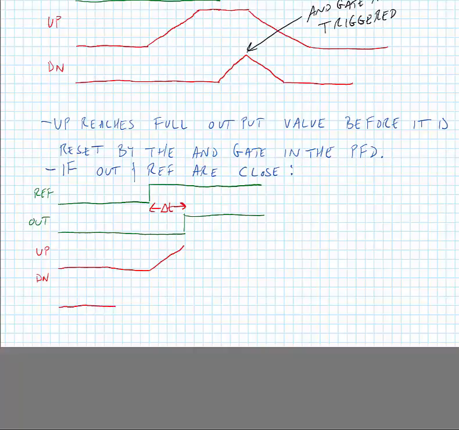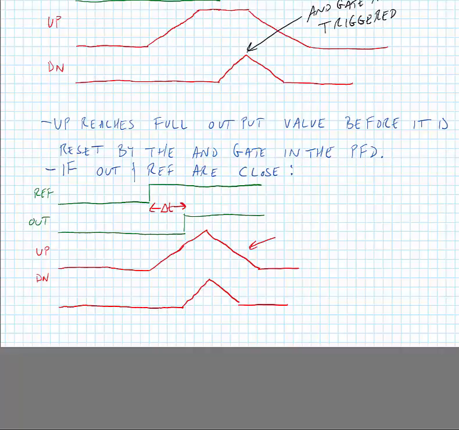The down pulse doesn't start to go up until the output phase hits. It goes up, and then the logic threshold of the AND gate is reached, and then it goes down. But what we should notice is that the up pulse also has to go down because the AND gate is going to force the PFD to reset.